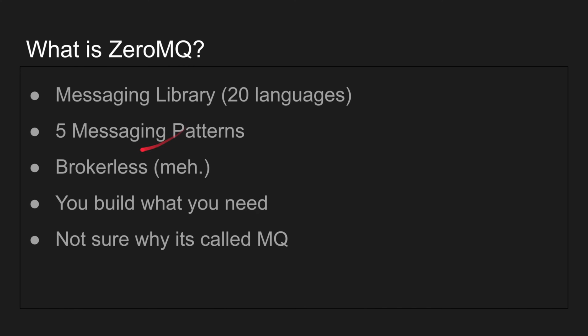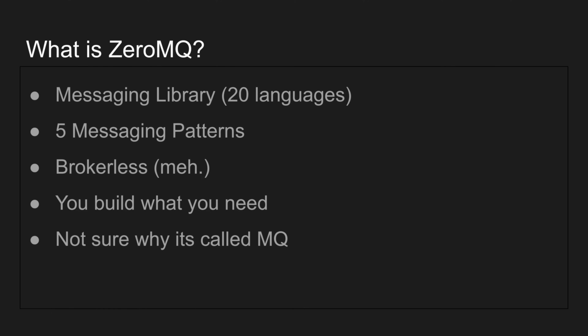Well, I added meh because to build a real messaging app, as far as we know, you still need a broker. We don't know another method. So you're going to use ZeroMQ to build a broker anyway. So saying that it's brokerless is a little bit meh. But yeah, you can build whatever you need, right? Exactly what you need, and that's an attractive feature, right?